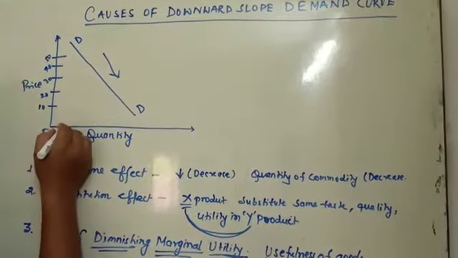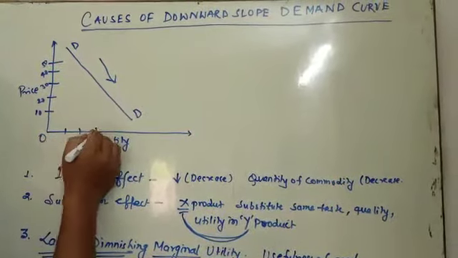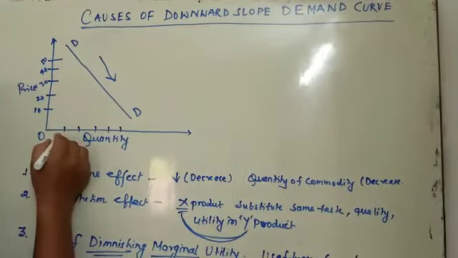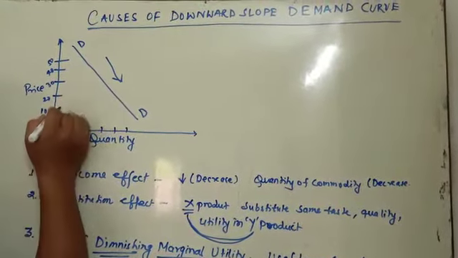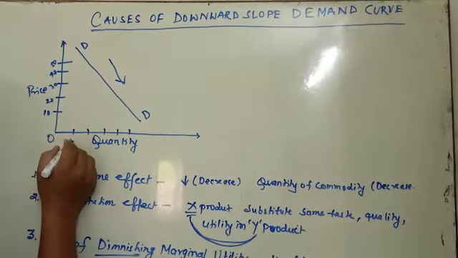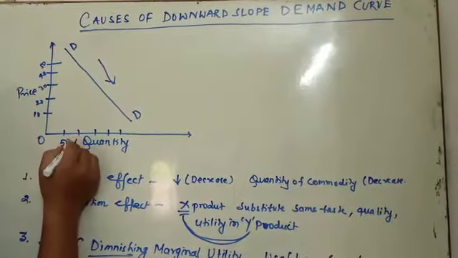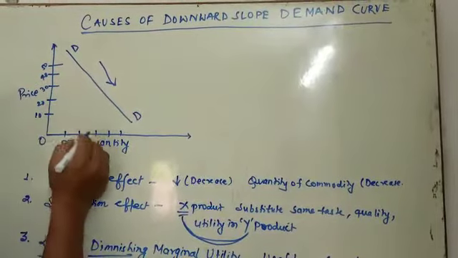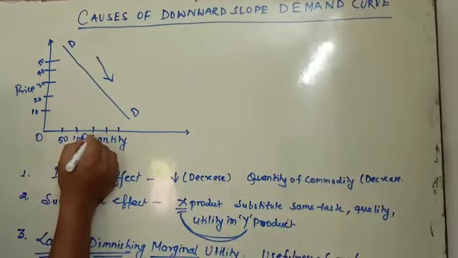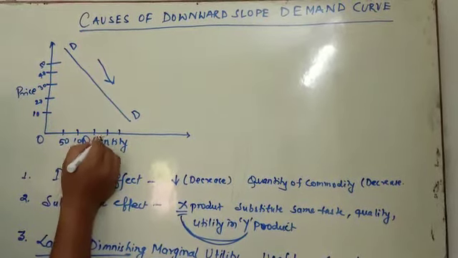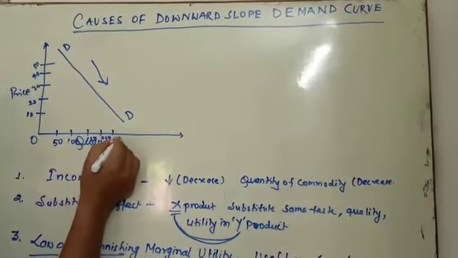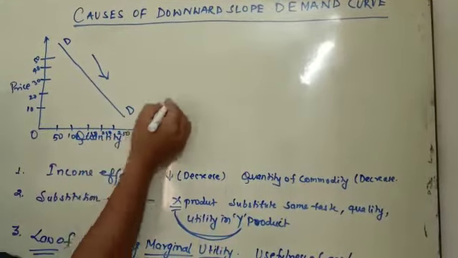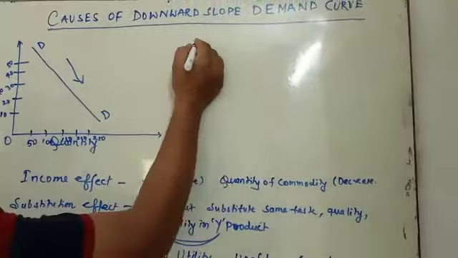Here is the quantity. At 10 rupees, you are purchasing a quantity of 50, 100. At 20, you are purchasing 150, 200 and 250. You can see here the schedule.